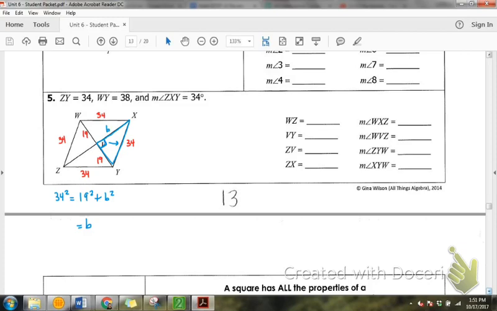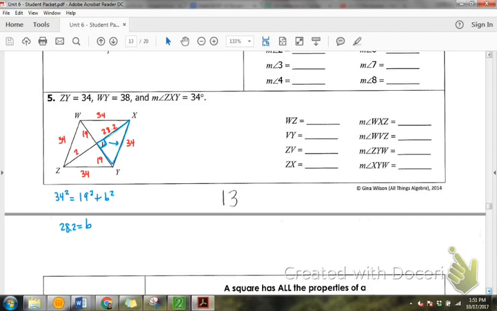Abby, what did you get for B? What did you get for the B value? Or whatever missing value? Good, 28.2. Anybody else get 28.2? Okay, you should get 28.2. It's our missing piece in there.